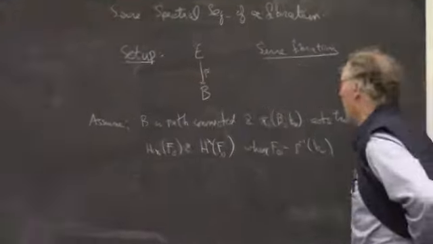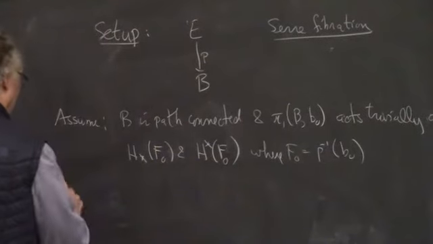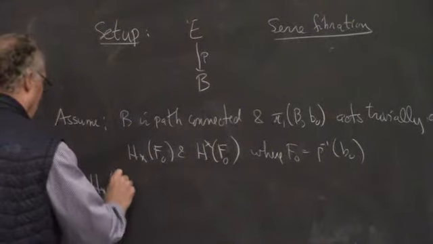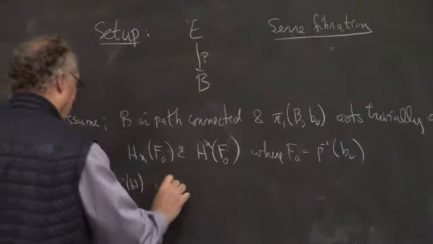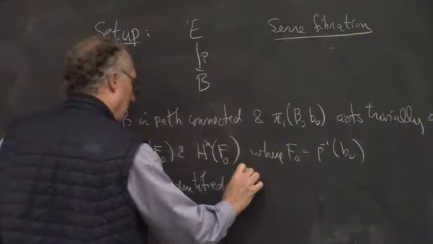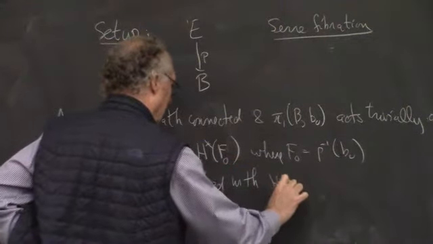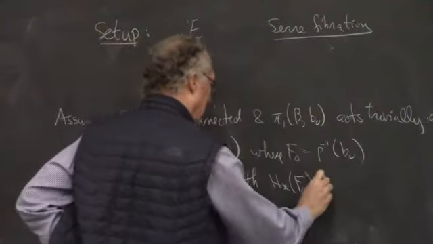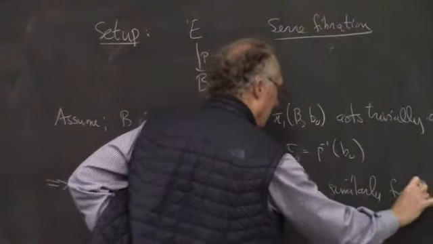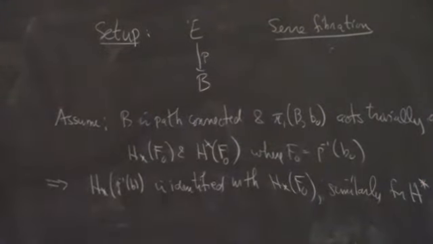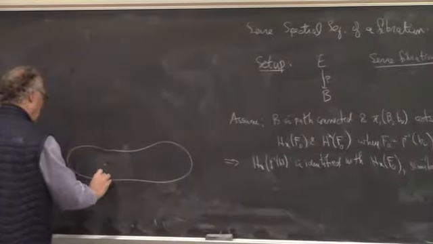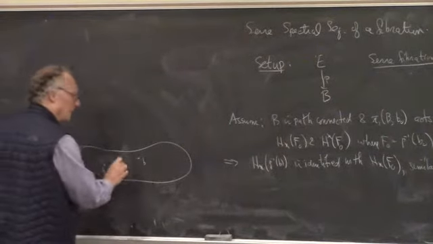Of course, we've seen before that this means that the homology and cohomology of any fiber, the inverse image of any point b in B, is identified with the homology of F naught, and similarly for cohomology. And just to remind you of what that identification is, here's the base point, and here's your point b.